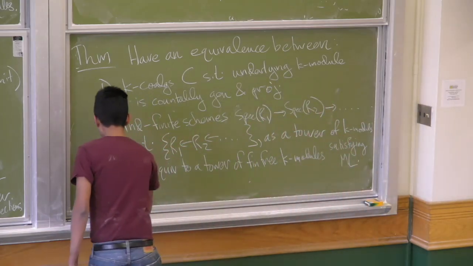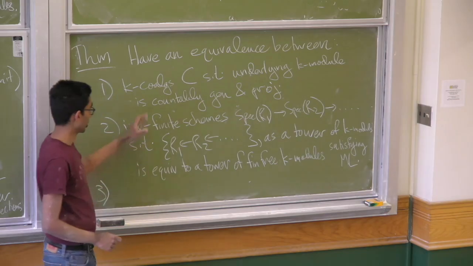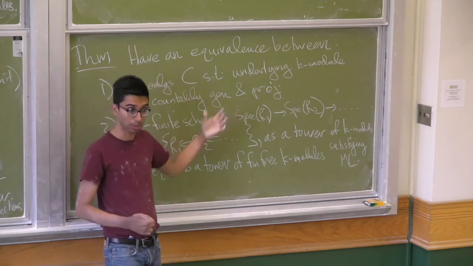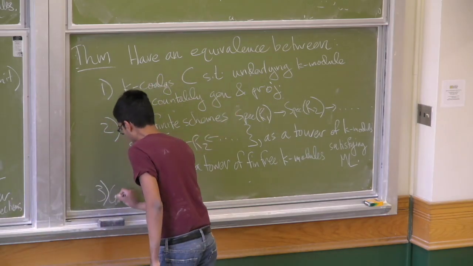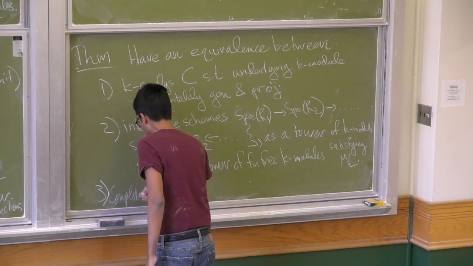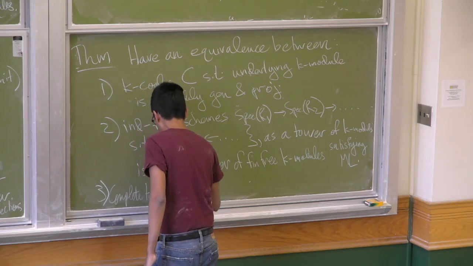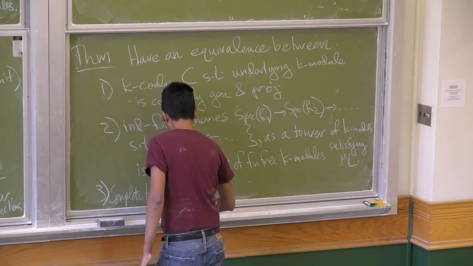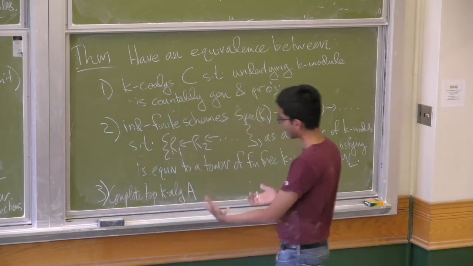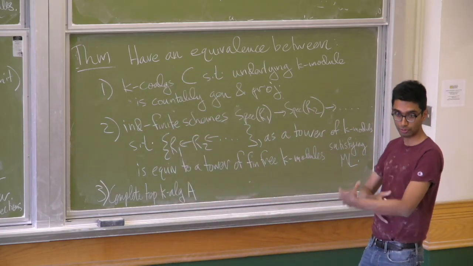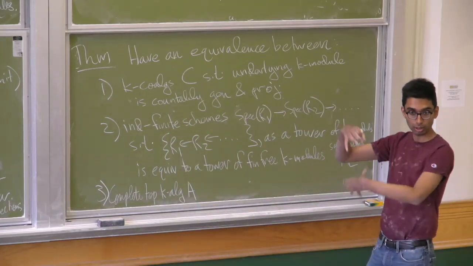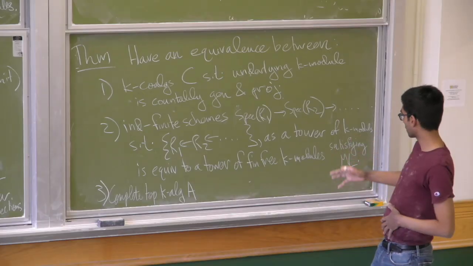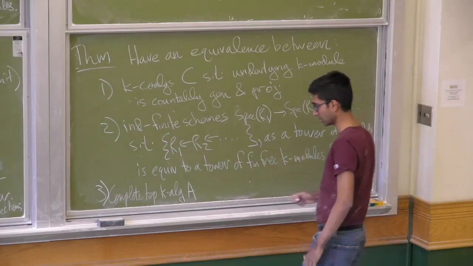Okay, and three is going to be complete topological K-algebras which have a countable basis at 0 and such that the tower of those quotients again have this property.